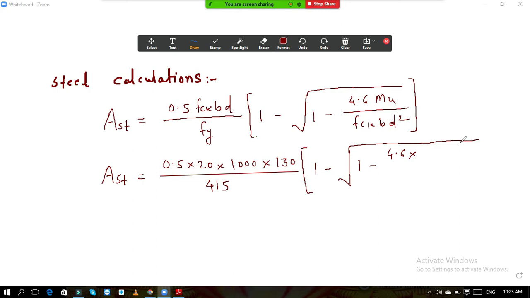The value of bending moment was 10.05 into 10 to the power 6, divided by fck is 20 into b is 1000 into d square, again 130. All the values, please cross verify the answer, is this correct or not. It works out to be 222.09 mm square. This is the answer.